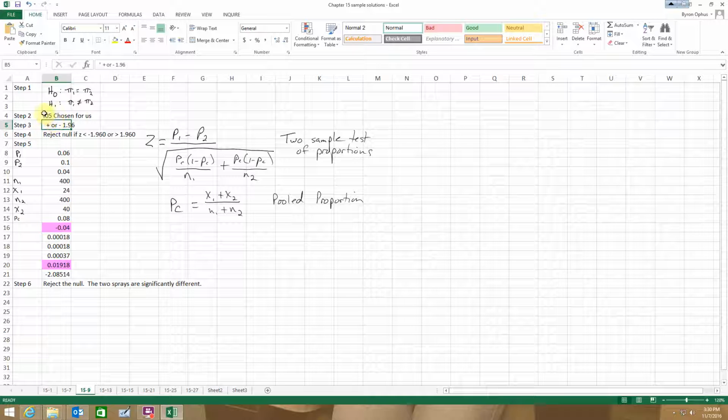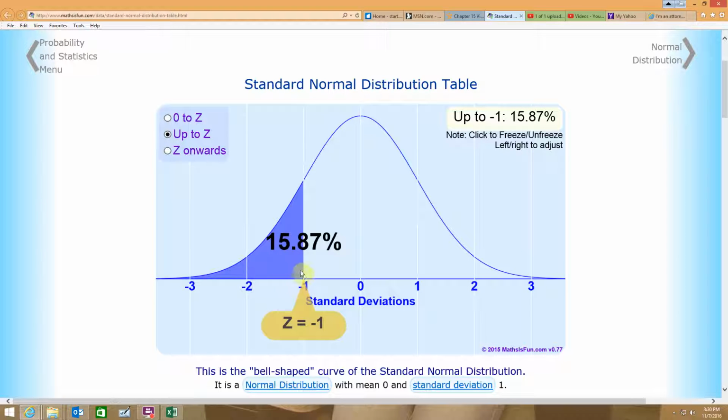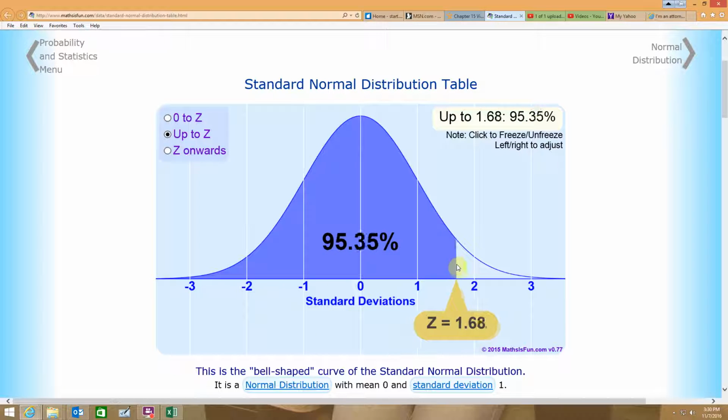Because I have a two-tailed test, I have to take half. So I look at my table and find 0.4750, or I could say 97 and a half, however you want to do it. Boom, 1.96, and if I went the other way it would be minus 1.96.